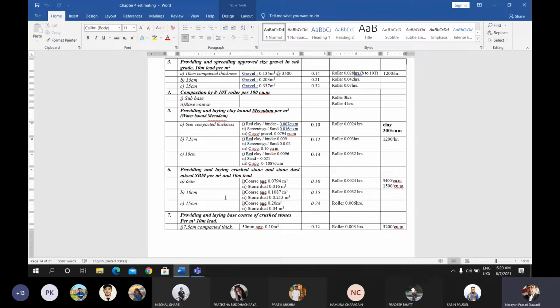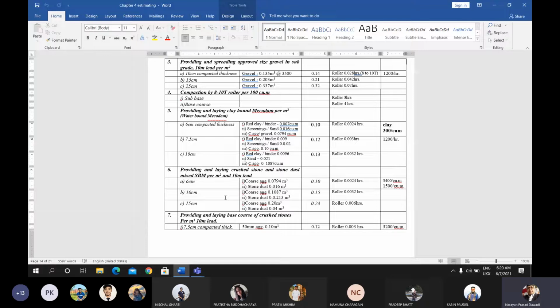The stone dust contains the powder dust of the stone as well as the small particles of the stones from the crusher plant. We can get the stone dust available from the crusher plant. So the red clay and the screening are not used here.